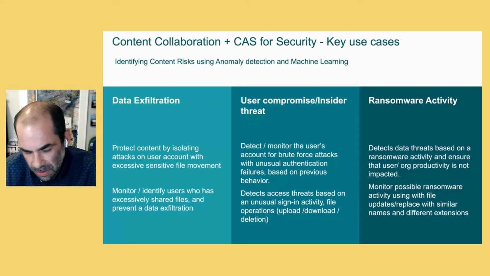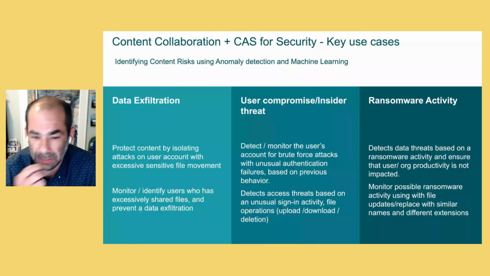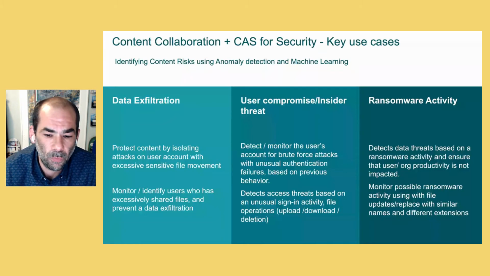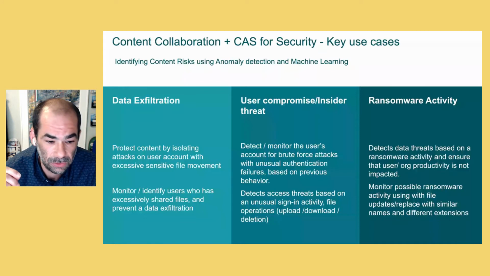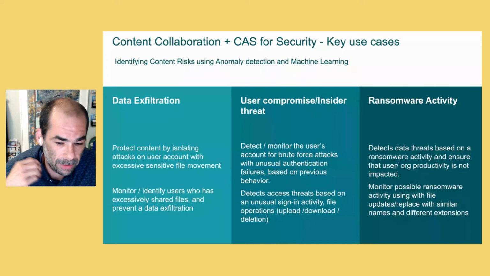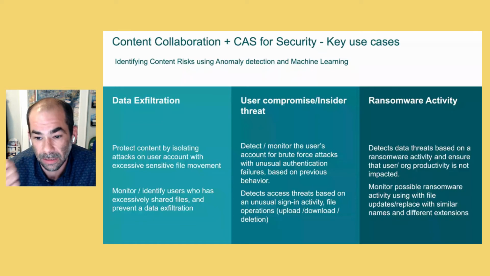The three use cases, I'll jump into data exfiltration as the first one. Really focuses around the integrations that I mentioned at the beginning with DLP and CASB. We have specific risk indicators in the platform that are based on the feedback from the DLP or the CASB solution, that will basically prompt for the higher permission, the more sensitive files, and it'll feed some information into the analytics platform.